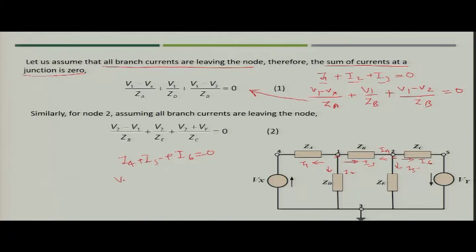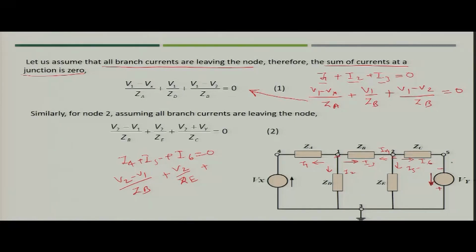For I4 you can simply put V2 minus V1 by ZB, plus I5 is nothing but V2 by ZE, plus I6: now Vy is connected between node 5 and node 3, and the direction of Vy is like this, because it is mentioned in this figure like this.